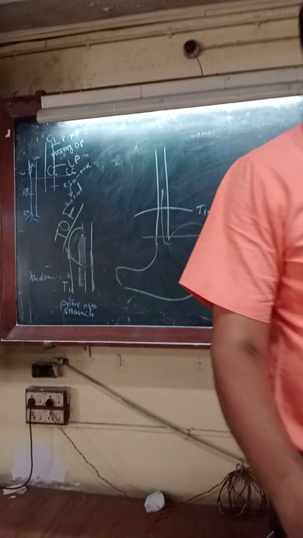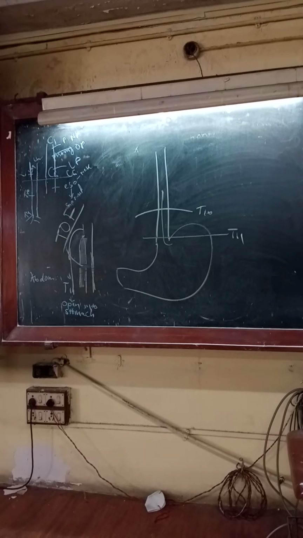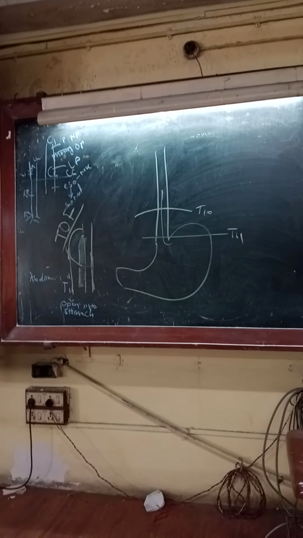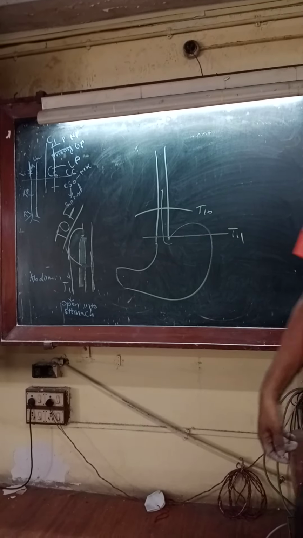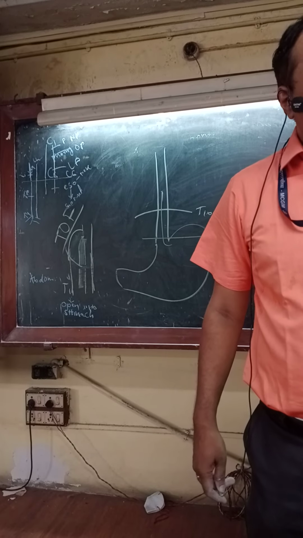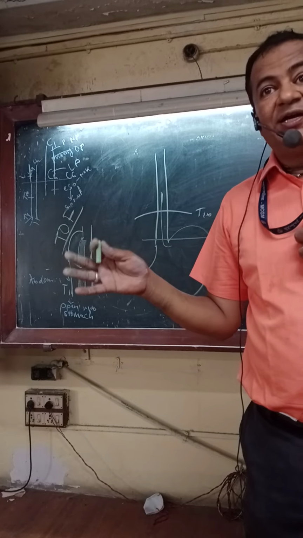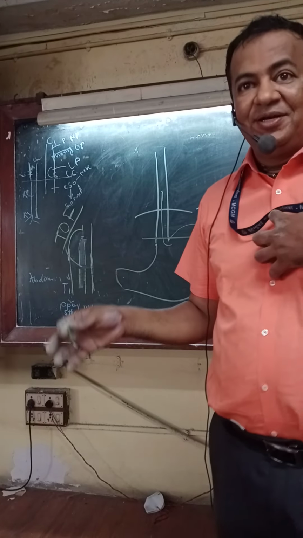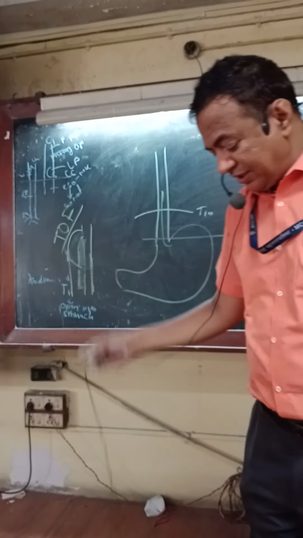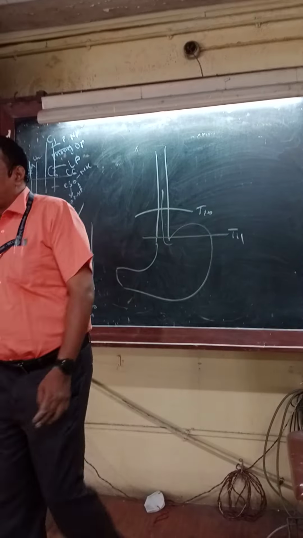It's called reflux, GERD, gastroesophageal. And then you come across patients with burning. Sometimes the burning is so strong that it mimics a heart attack. Okay? This condition is therefore called achalasia cardia.